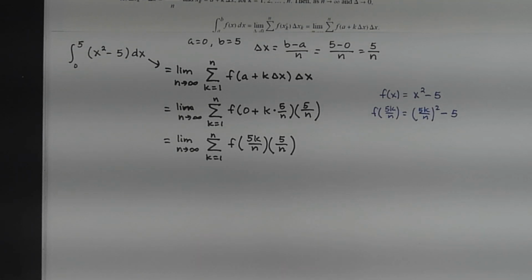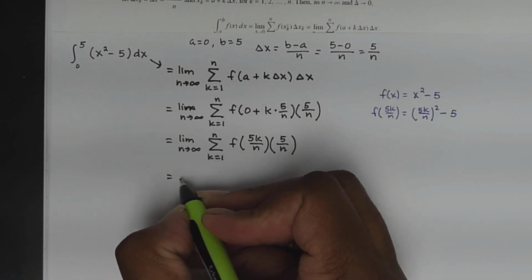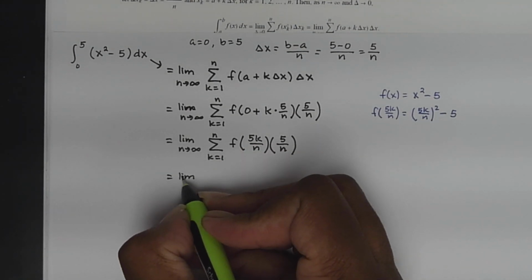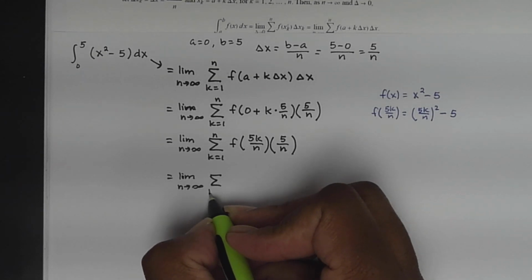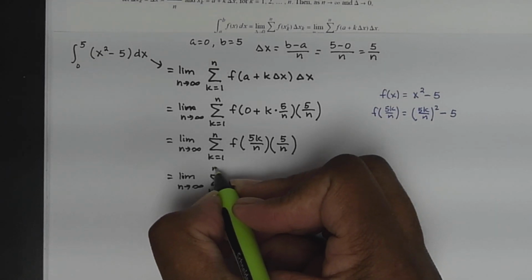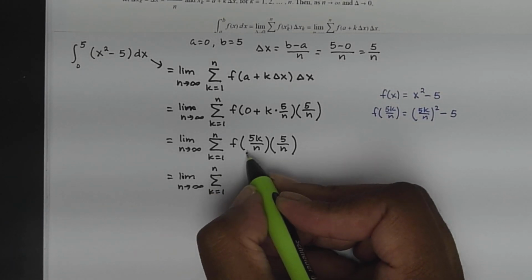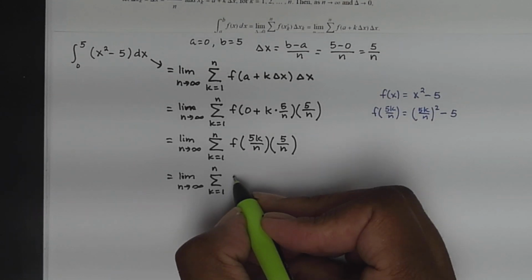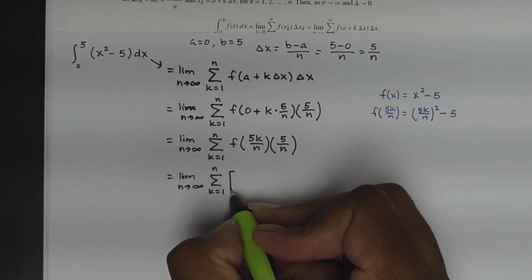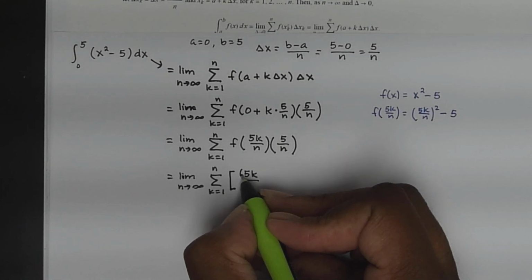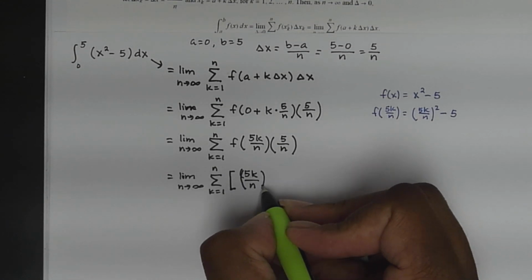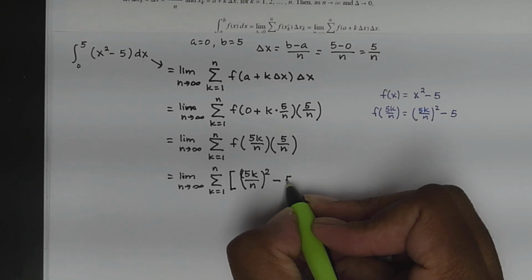So now I have the limit as n approaches infinity of the summation for k equaling from 1 to n of, and in this case, f of 5k over n is this. I'll put this in brackets: 5k over n, and that's squared, minus 5.